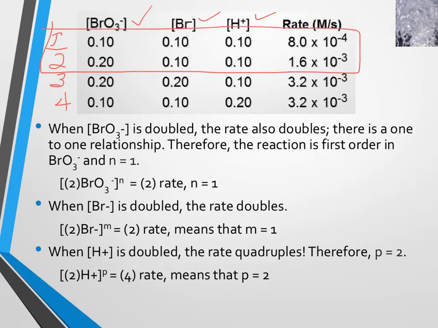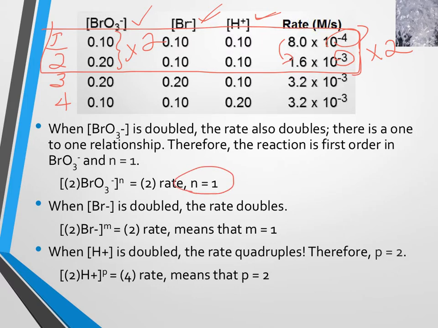Bromide and hydrogen ion are held constant. So as we double the concentration of the bromate ion, what happens to the rate? It also doubles. 8 times 2 is 16. Use your calculator if you need to. So there's a 1-to-1 correlation, and the order with respect to the bromate ion is 1.